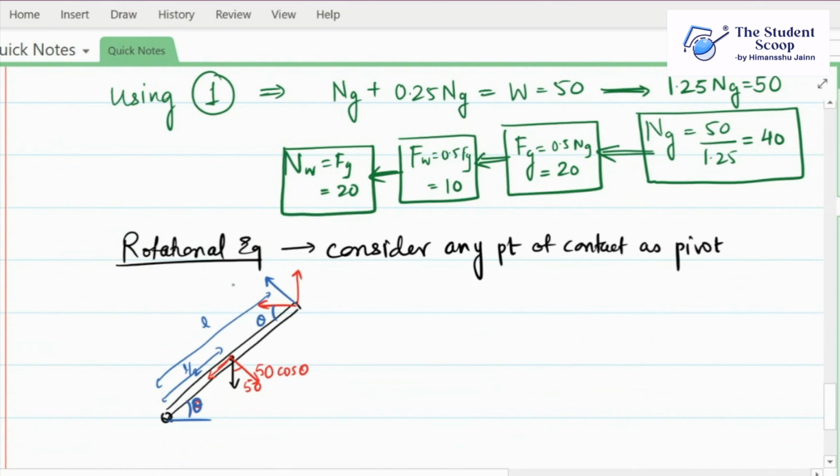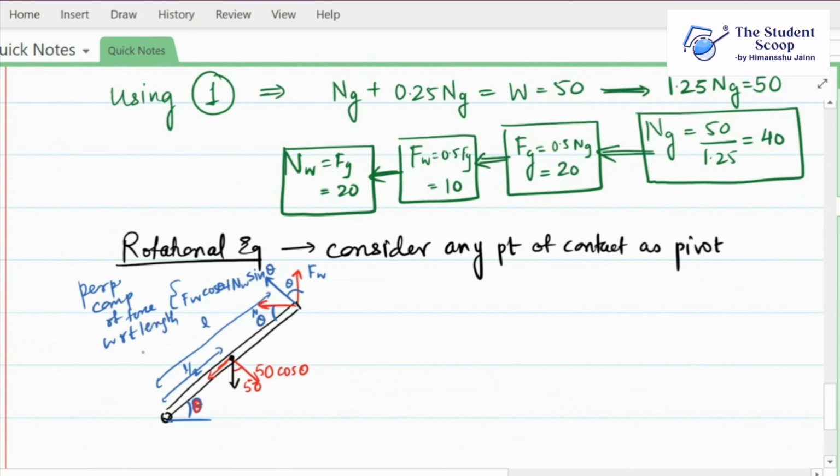So there is NW sine theta. Okay, while there is a friction here. So if this is theta, then this becomes theta. So for friction, there is Fw cos theta. What I'm doing here is taking the perpendicular component of the forces with respect to the length of the rod.